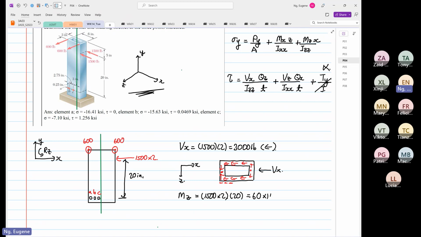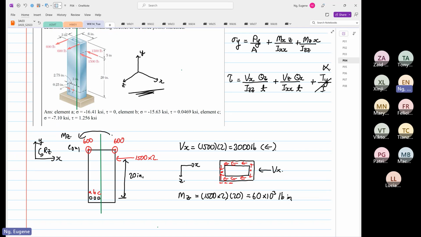Or 60 times 10 to the power 3 pound-inch. Okay, so 1500. And then we know that this is going in this direction, our moment vector. So this is our moment in Z. So what we can say down here is that it's going to be compression, right?